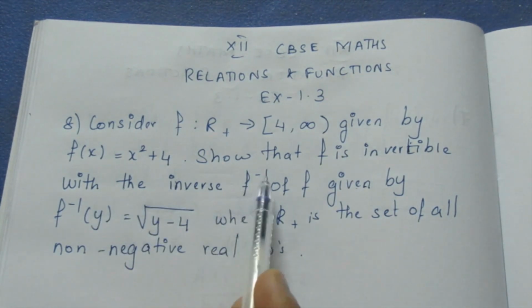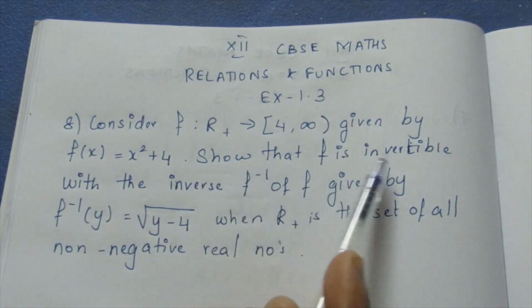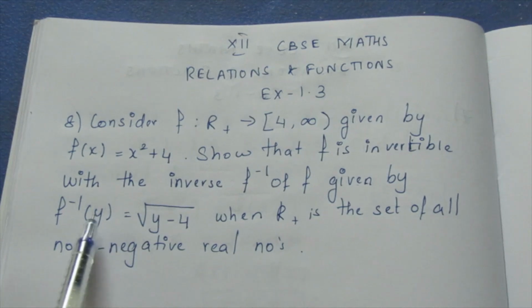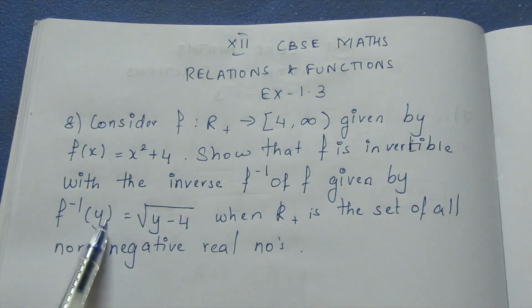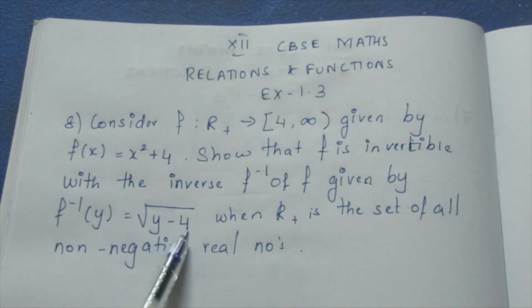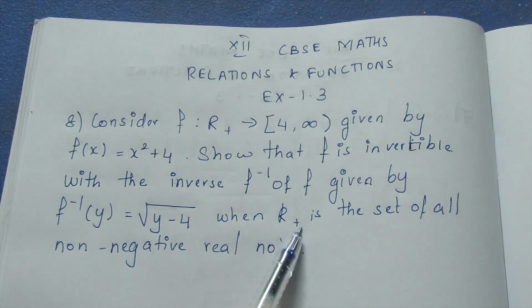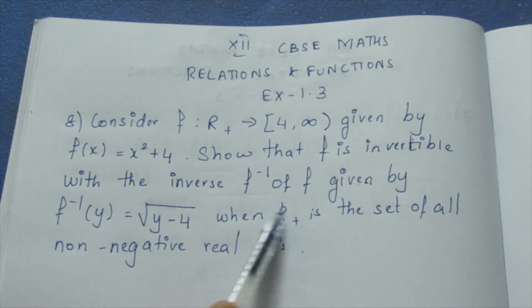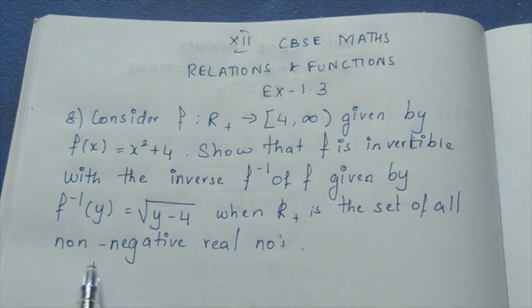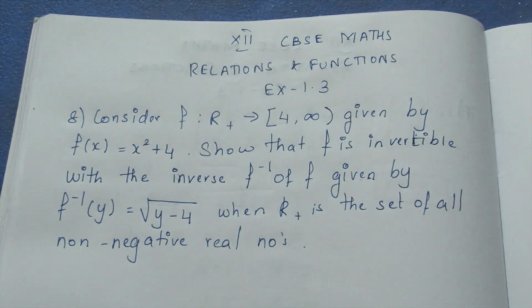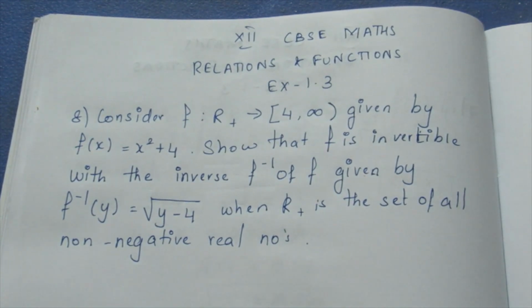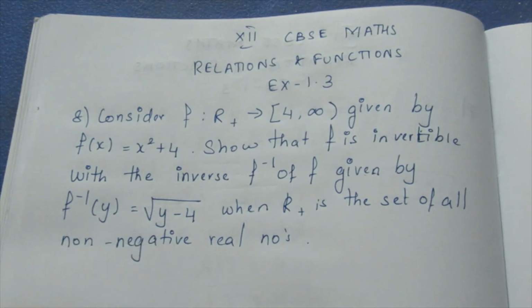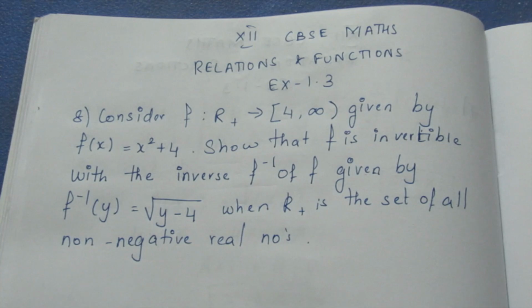The inverse is given by f inverse of y is equal to root of y minus 4, when R plus is the set of all non-negative real numbers. So we need to show f inverse of y is equal to root of y minus 4, and also show that we have an inverse.